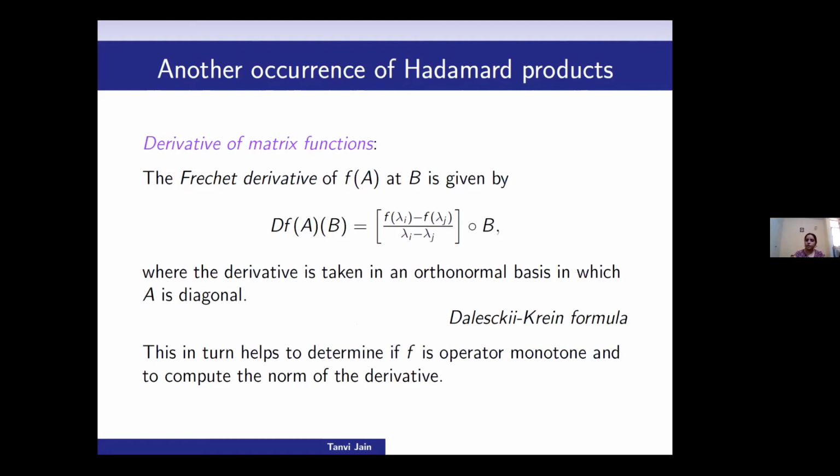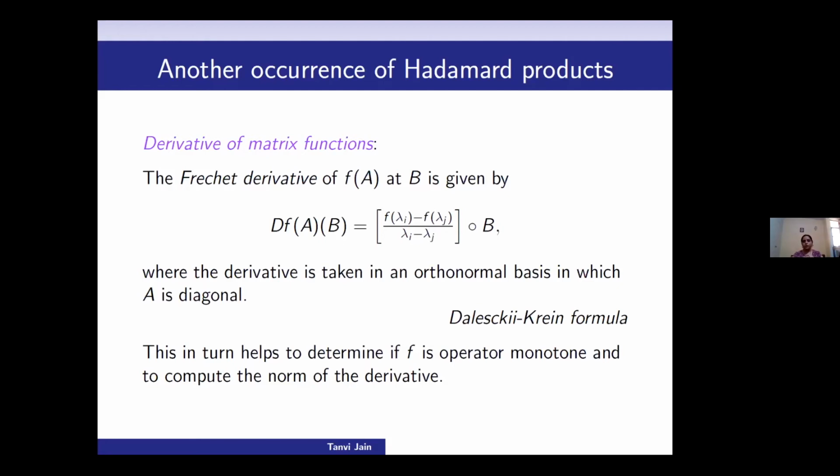Now Mn or Hn is like R^(n²), so going via the partial derivatives and all those things will make things very intricate and not look good.